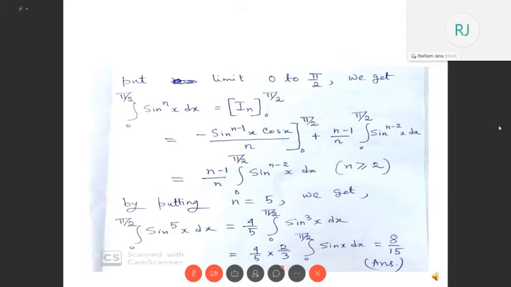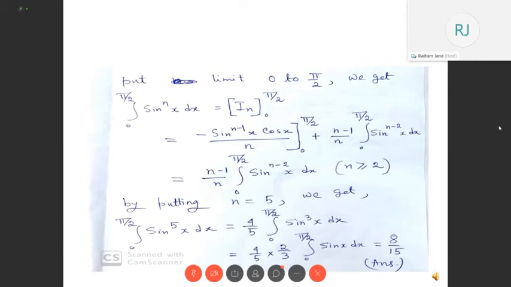Now we have to find the value of 0 to pi by 2 sine to the power 5x dx. So put n equals to 5 here. So you get 4 by 5, 0 to pi by 2 sine cube x dx. Now how to calculate the value of 0 to pi by 2 sine cube x dx? Again put n equals to 3, and in successive way you will get 4 by 5 into 2 by 3.